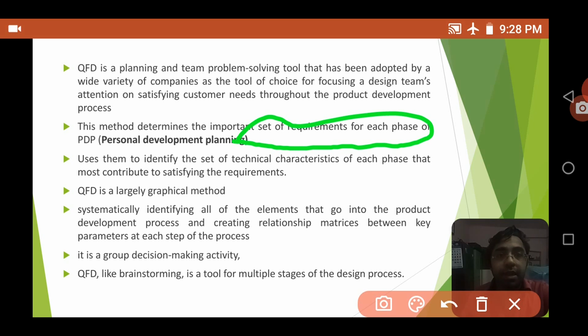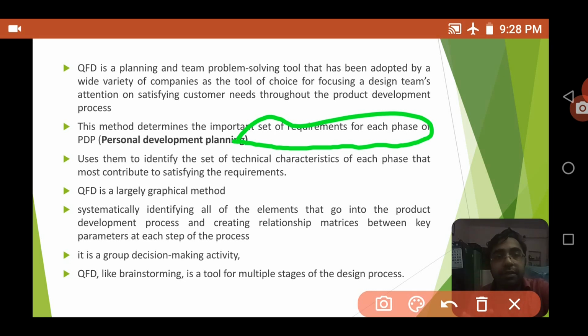So it is systematically identifying what the elements are inside the product development. QFD systematically analyzes and identifies the key elements in the process, and the relationship between the matrices and key parameters for each and every step.